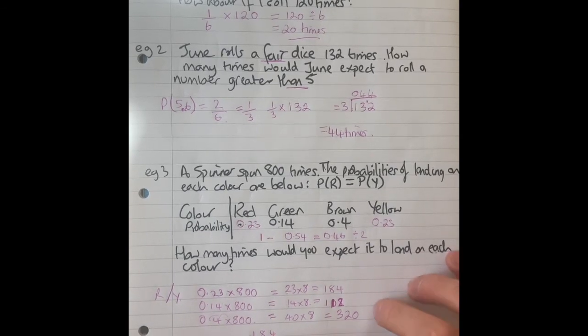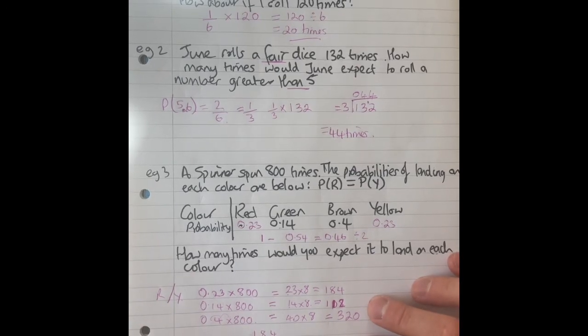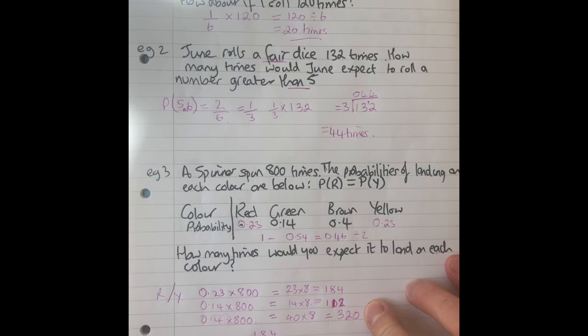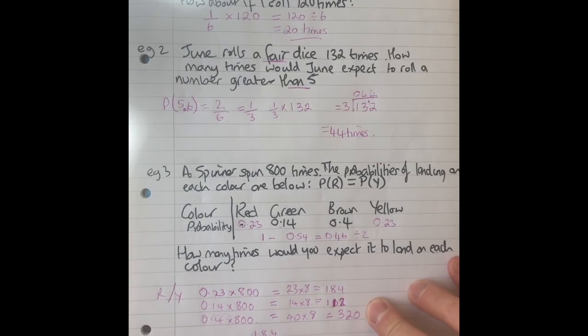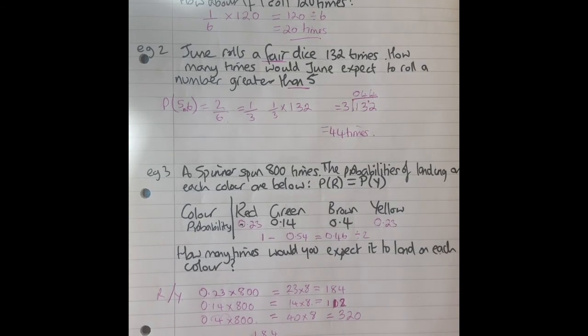Okay, so we need to add these together. So that was 112, so 184 plus 184 plus 320 plus 112, and that comes to 800. So that means you've just to check at the end to make sure you've got it right. Okay, I'll try have a go with the task.